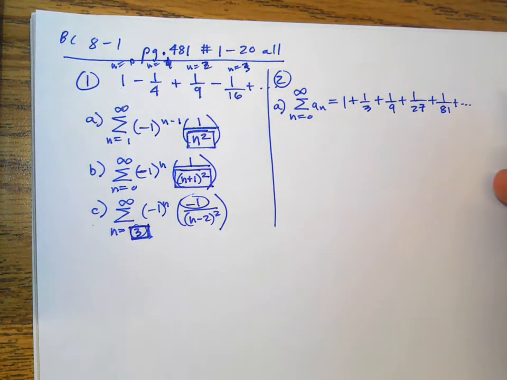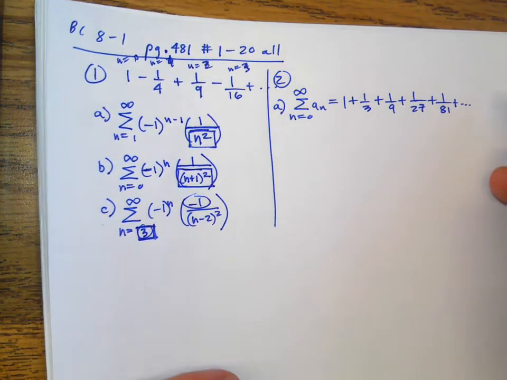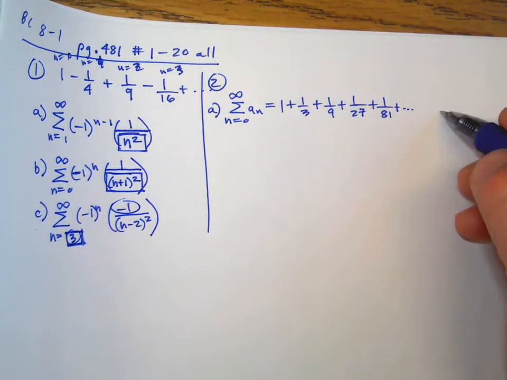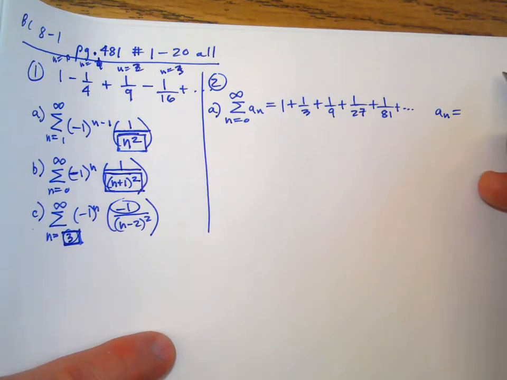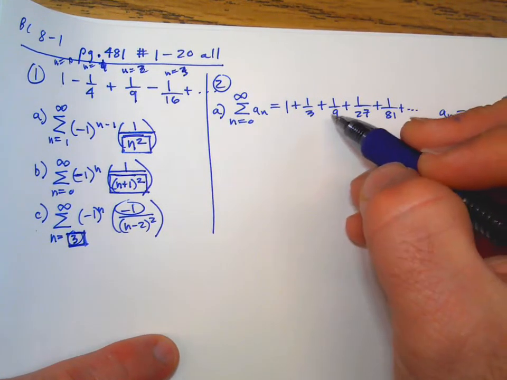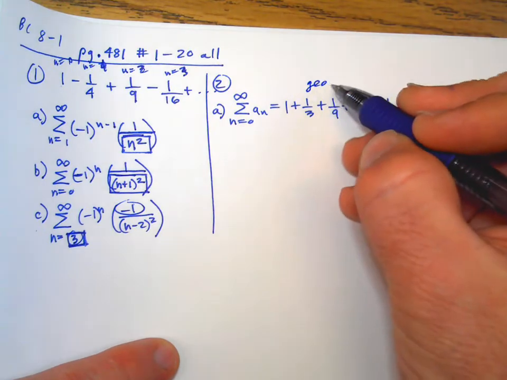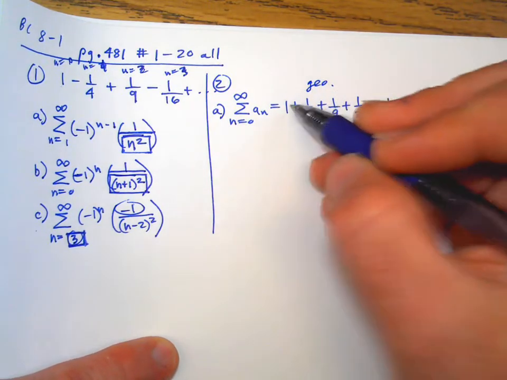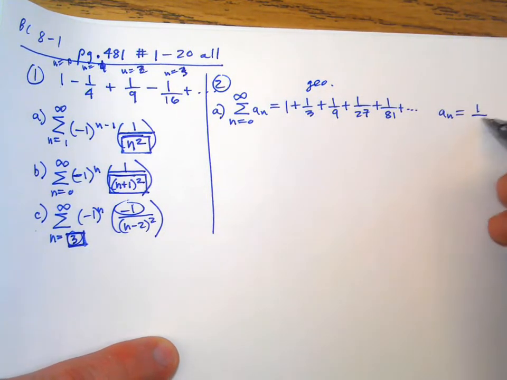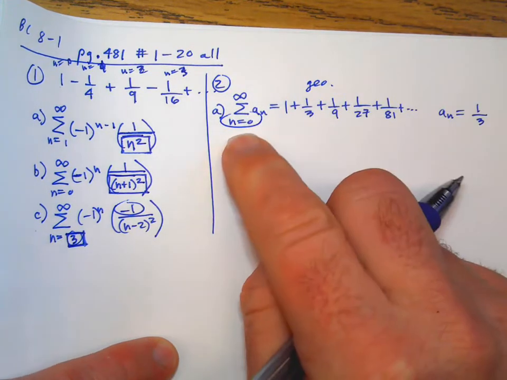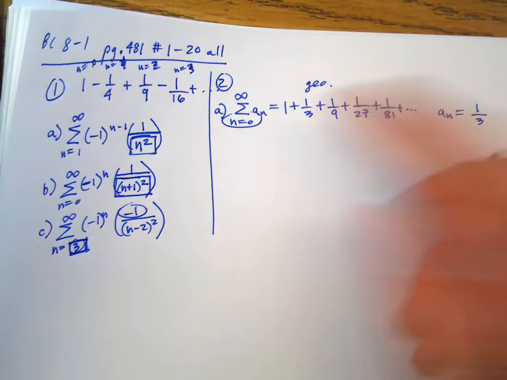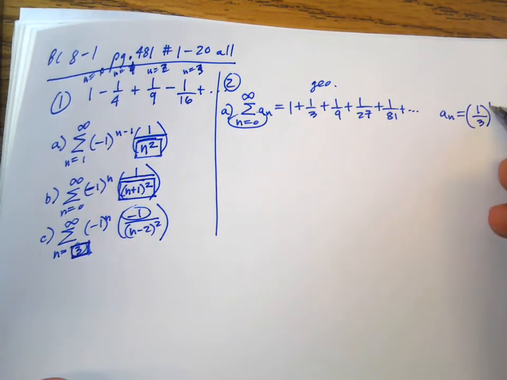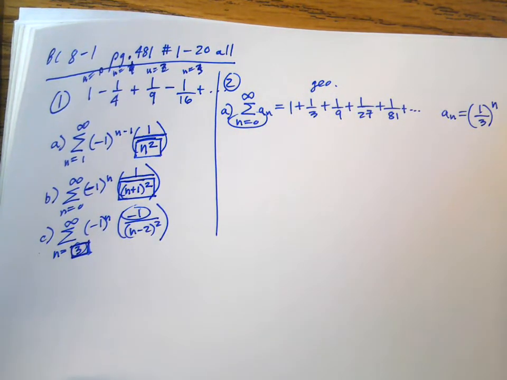So you're trying to figure out what the nth term is going to be, and they're calling it a sub n. So we've got to figure out the pattern here. Now, this looks like a geometric series. We're multiplying by 1/3 every time, and we're starting with 1. I think if we did 1/3, now you're stuck with whatever they say the starting n value is. So I think it would be 1/3 to the n. That's what you would put there, right?